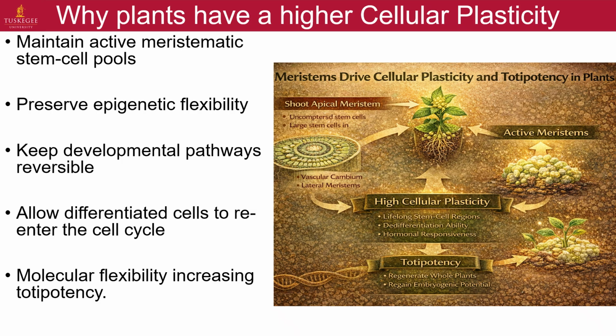Because of this, developmental pathways are always reversible, in a way that is not rigid. So given the path that whoever is working on them wants to direct them, they will always hold that. Because of that, it allows differentiated cells to re-enter the cell cycle.